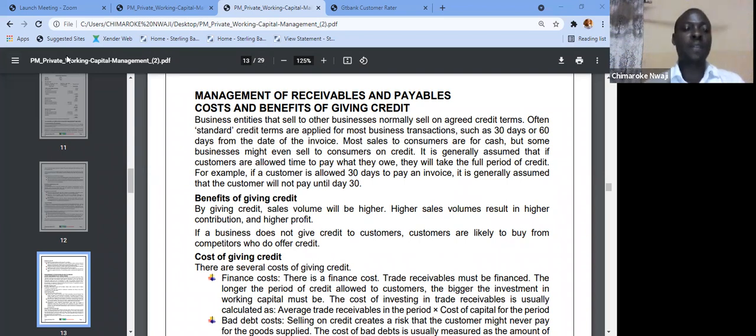Then we look at stock levels. First of all, we looked at the reorder stock level, which is the level at which you will place a further order for your product. Then we looked at buffer stock, that stock that would have saved you a lot of trouble from going into stock out.